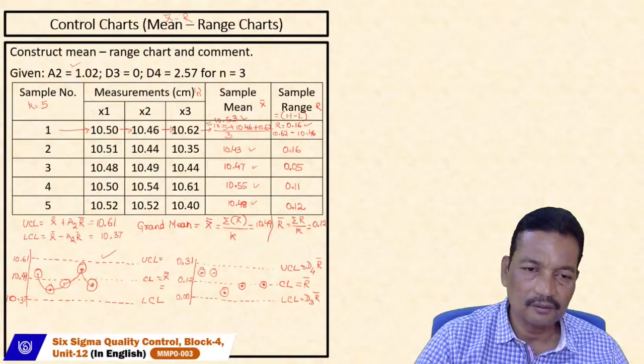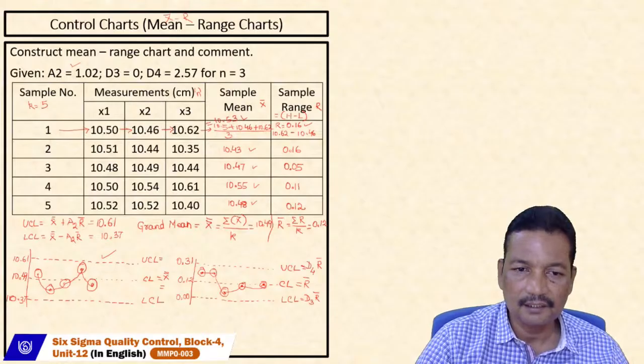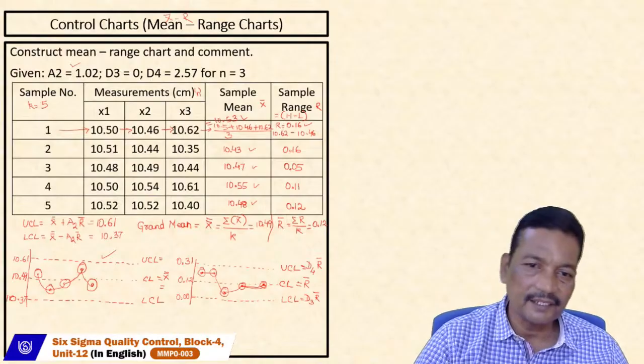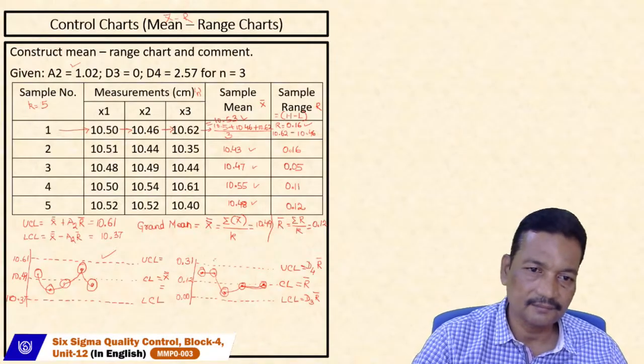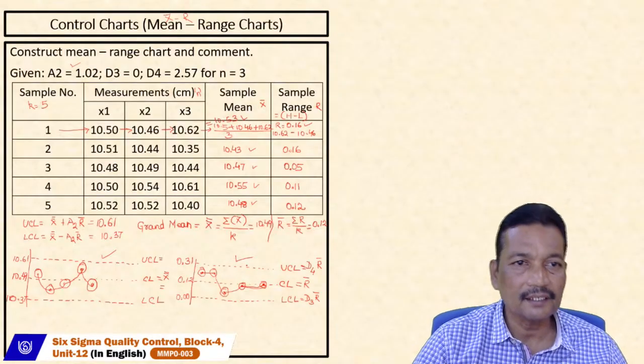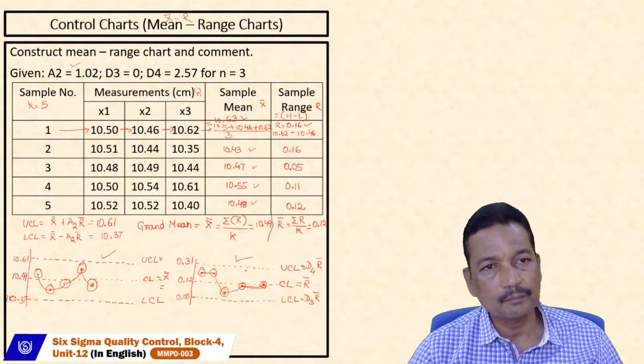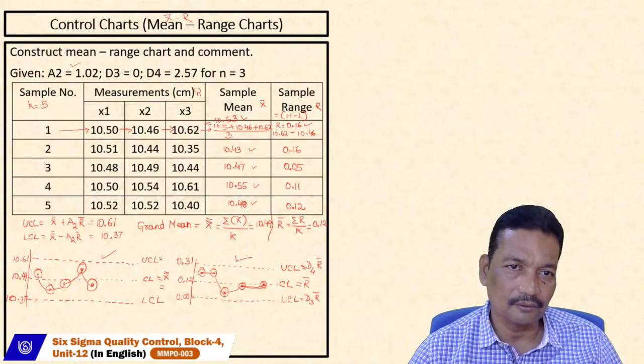And I join up the values using a scale. Again, I find they are falling within the control limits. So we can comment that yes, the process is under control.